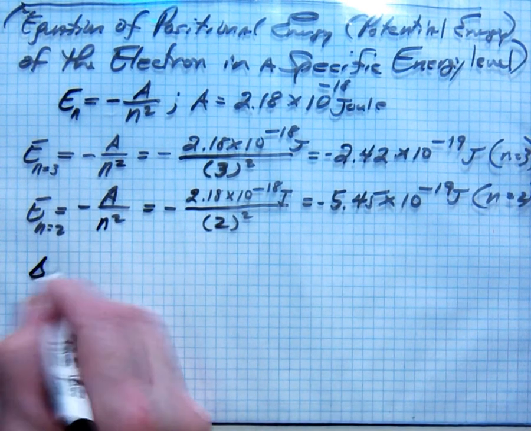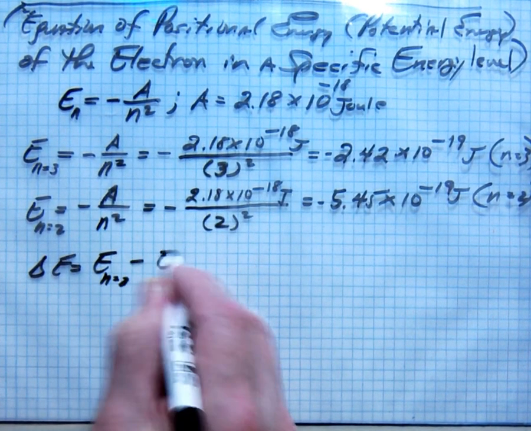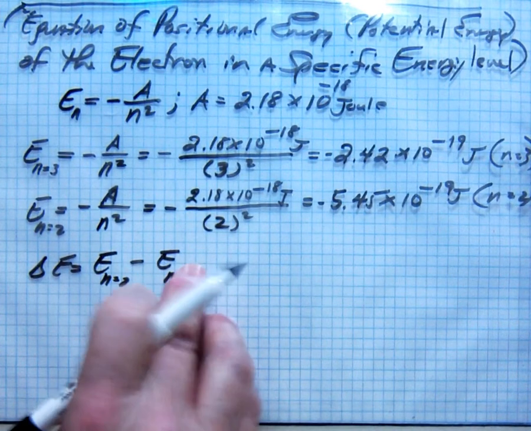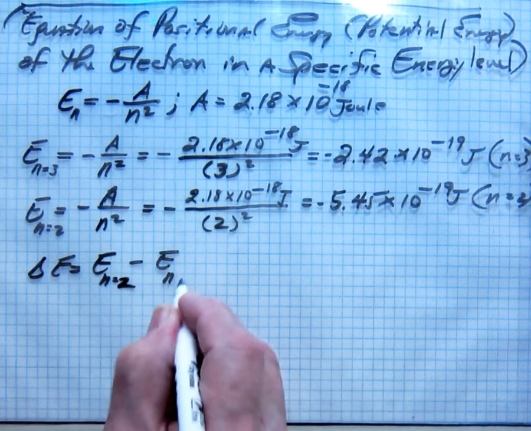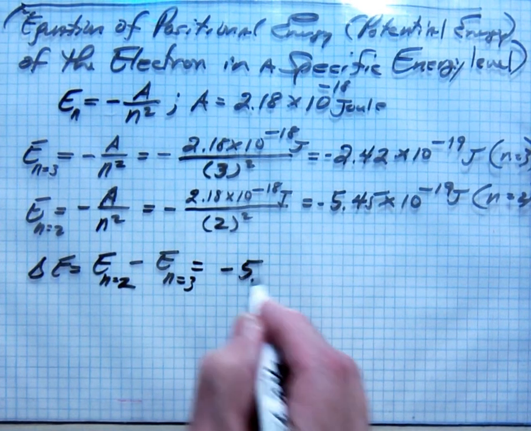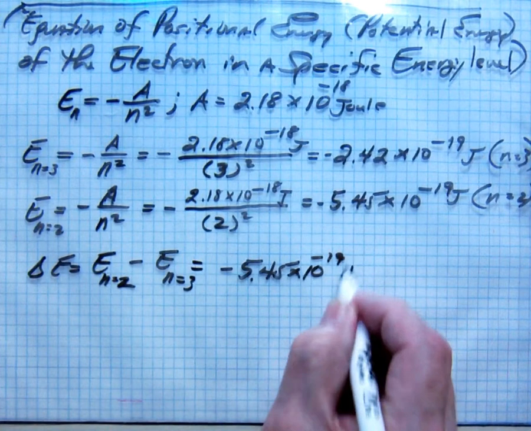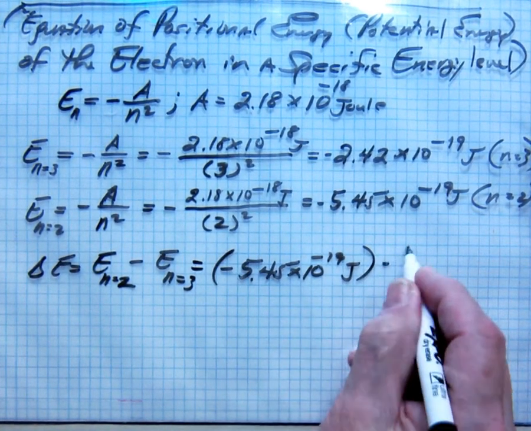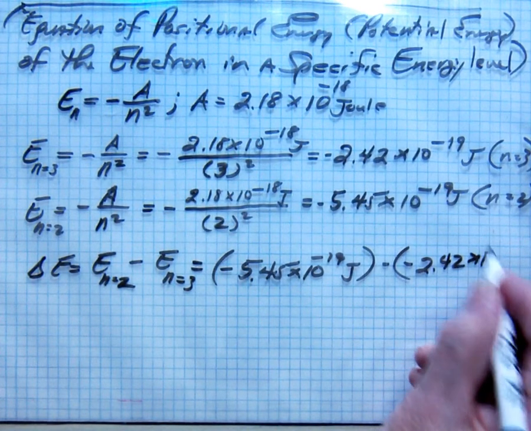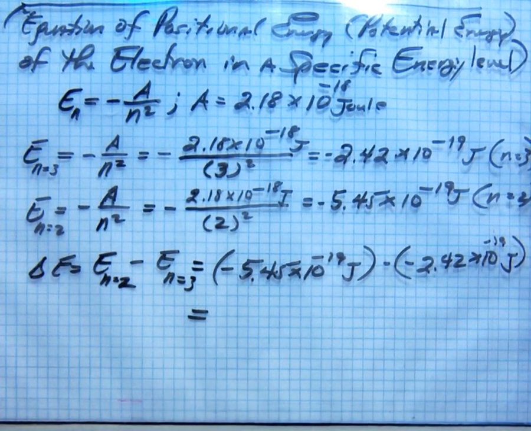Delta E equals E of n equals 2 minus E of n equals 3. So n equals 2 is minus 5.45 times 10 to the minus 19th of a joule, minus minus 2.42 times 10 to the minus 19th of a joule. So I'm going to take the difference in these two.